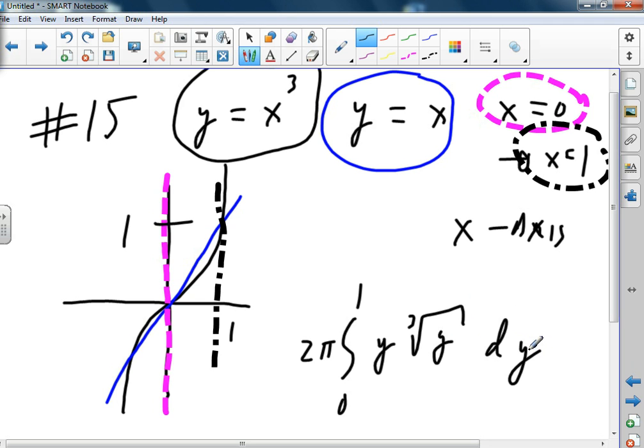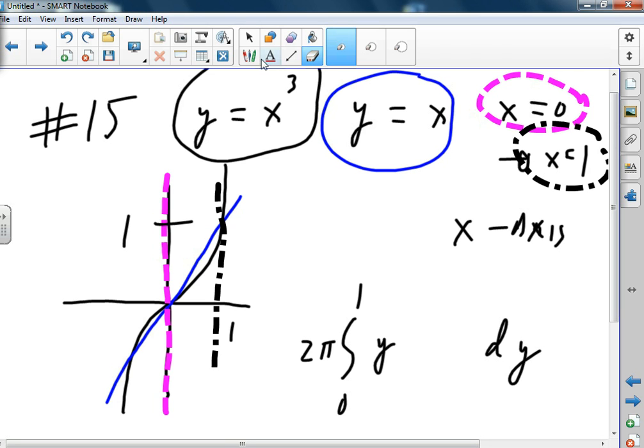No, afraid not. What is the height? The radius is y.